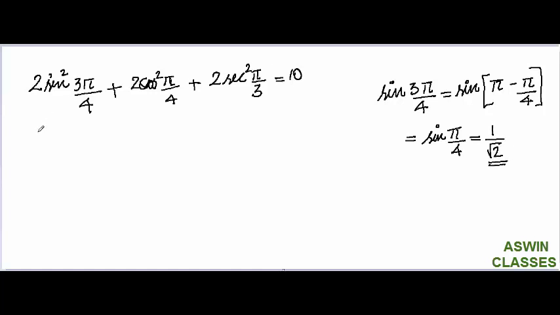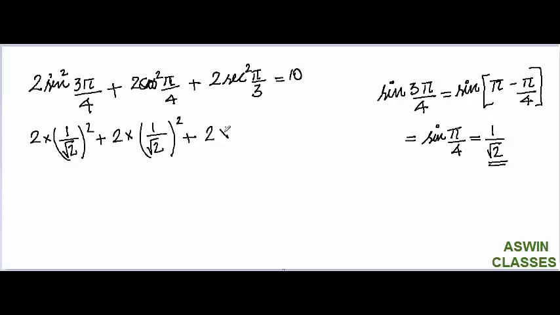Now you can substitute these values. 2 into (1 by root 2) square plus 2 into cos π/4, which is (1 by root 2) square, plus 2 into sec π/3, which is actually 1 by cos π/3, which is cos 60. 1 by 1 by 2, the value is 2, so this is 2 square.